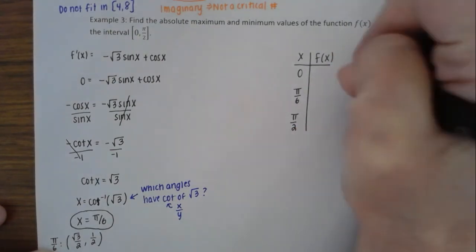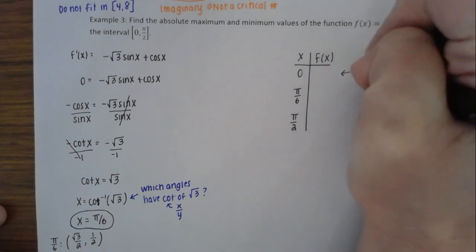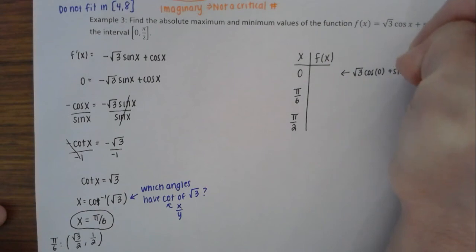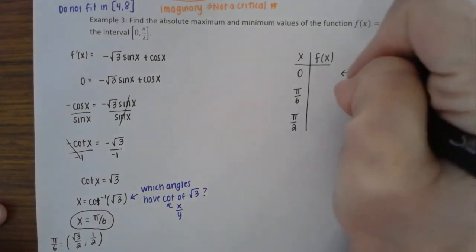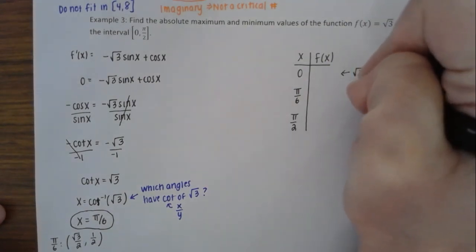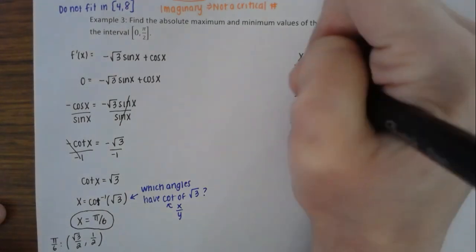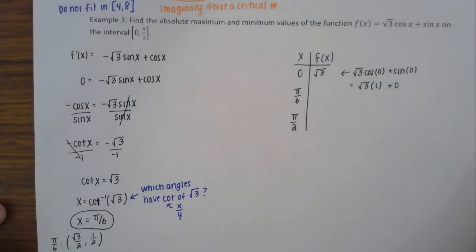So this one is going to be √3 times cosine of 0 plus sine of 0. And I know that cosine of 0 is just 1 and sine of 0 is just 0. So this actually just ends up being the square root of 3.